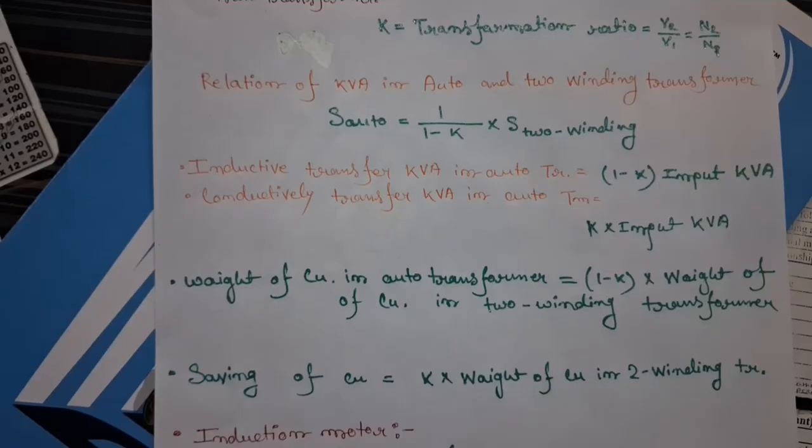Then come to inductively transferred kVA in auto transformer, which is equal to 1 minus K into input kVA. Then you have to remember conductively transferred kVA in auto transformer, which is equal to K into input kVA.